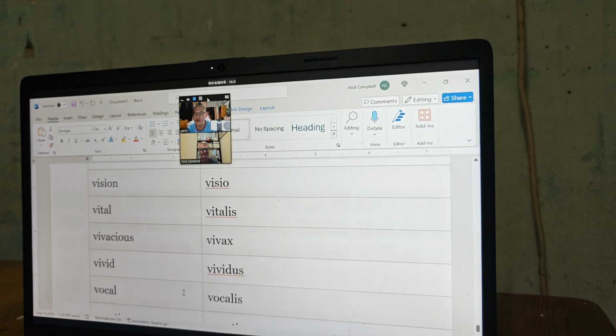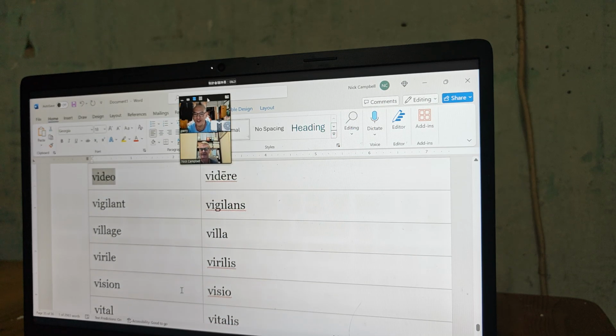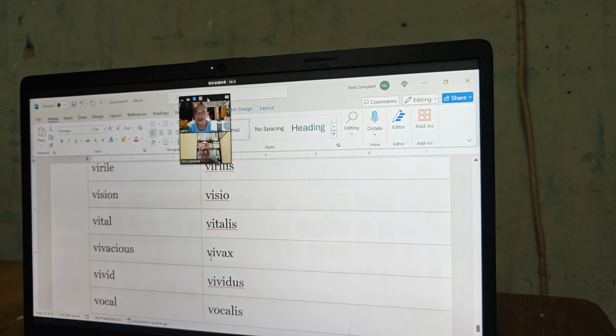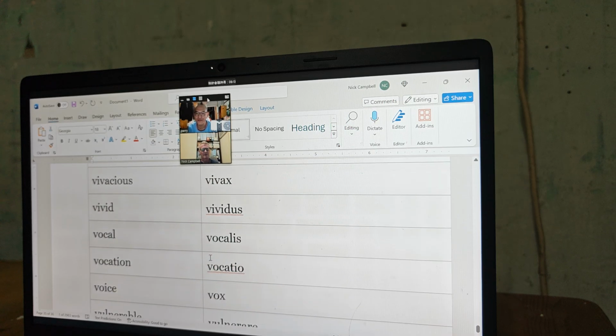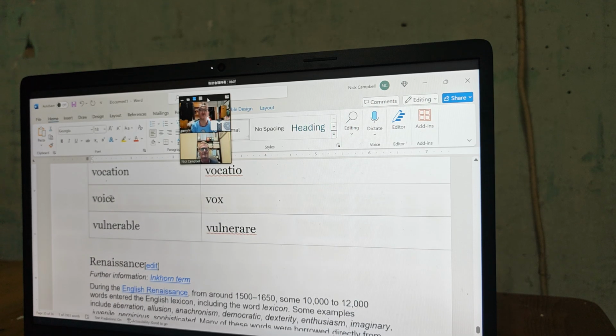Villa, but village became complicated. Aston Villa, it's a European team. So that's why it's called Villa, because of the Spanish and Latin origins. And then voice.